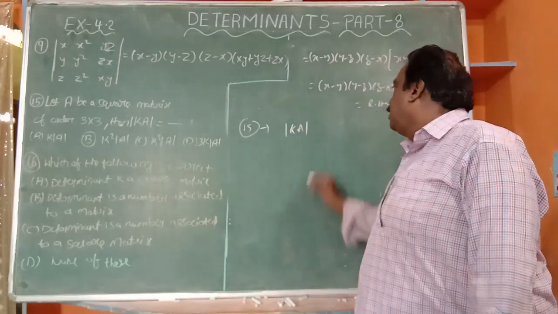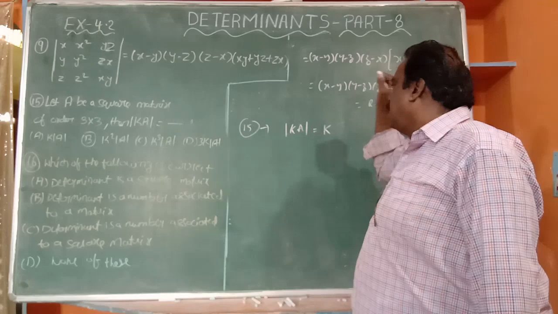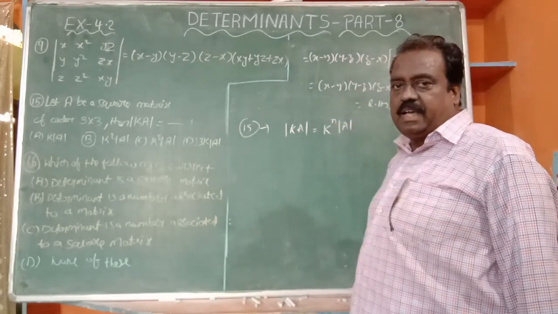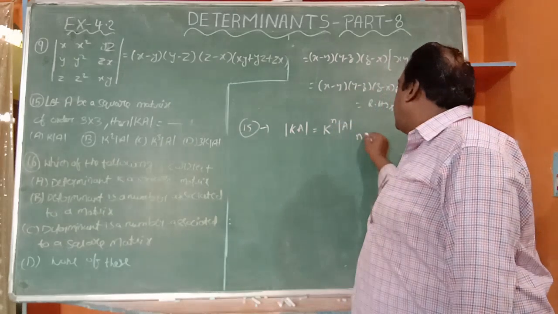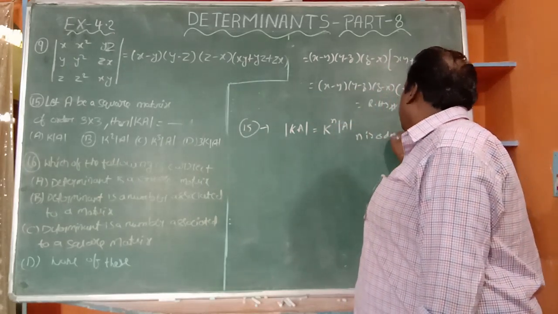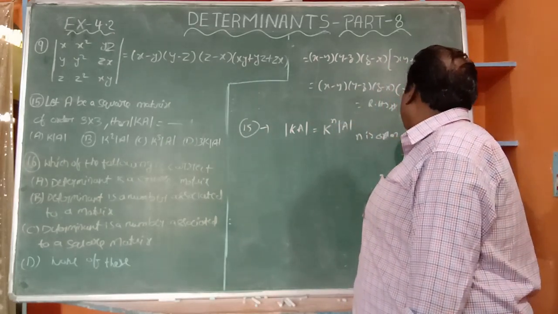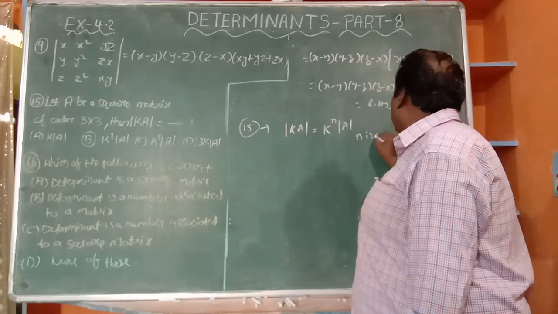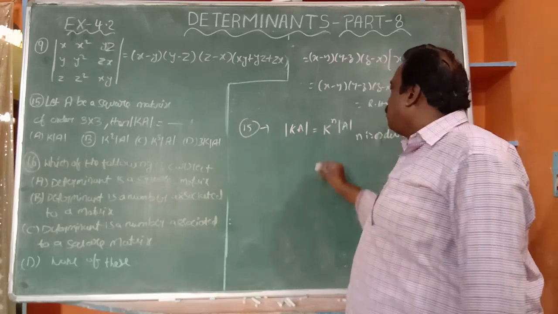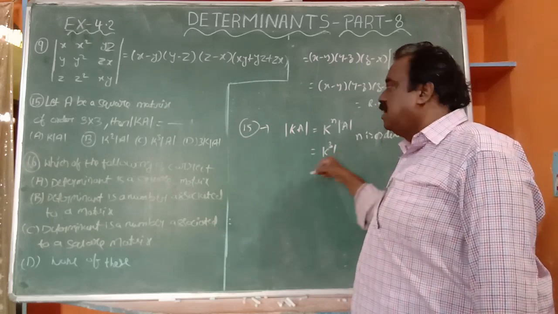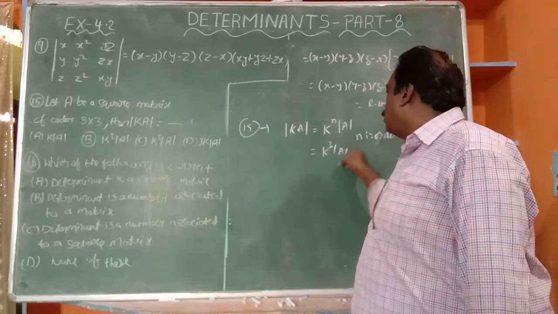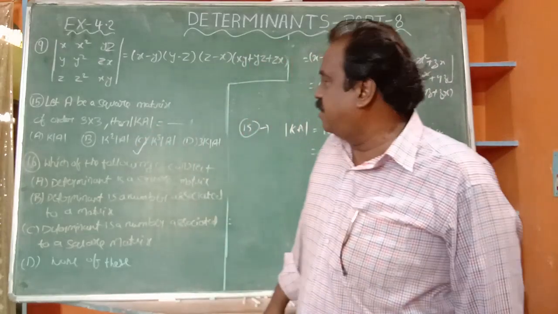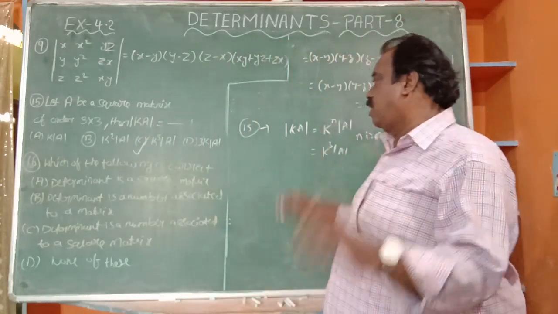Then it is k power n times the determinant of A, where n is the order of the matrix. But here what is the order? 3 is the order. So option C is correct.